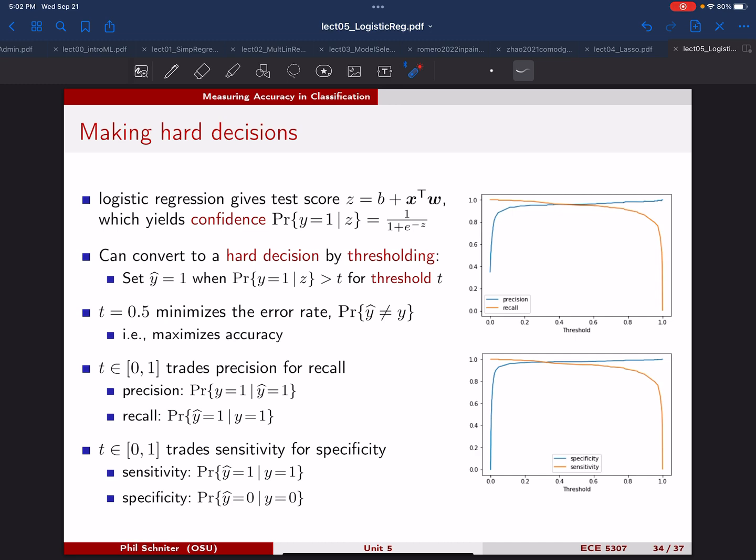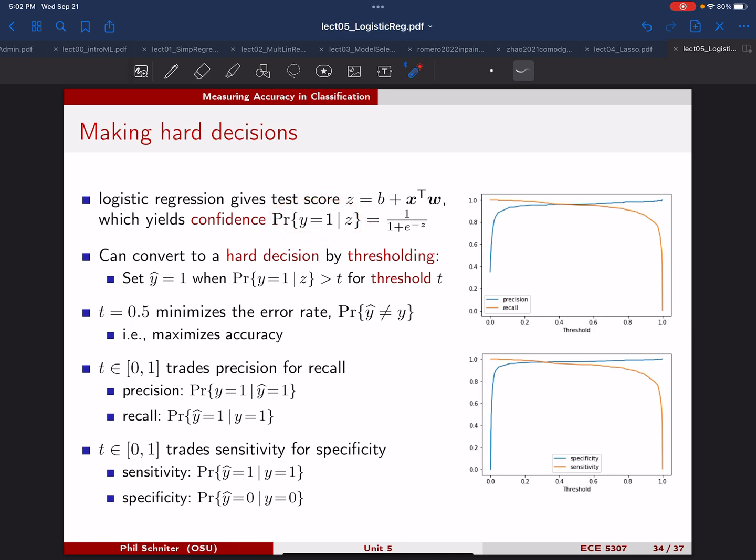And we can either threshold this, let's say I just want to get a y hat that's either a 1 or a 0. I just want a binary answer at the end of the day. I could threshold z at some value, or equivalently, I could threshold my confidence at some value.